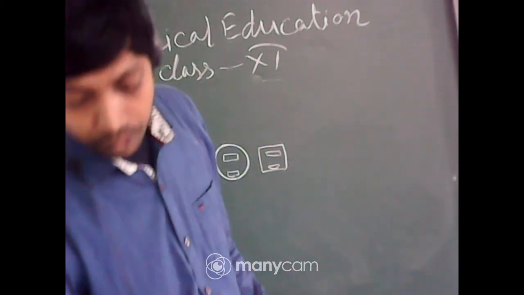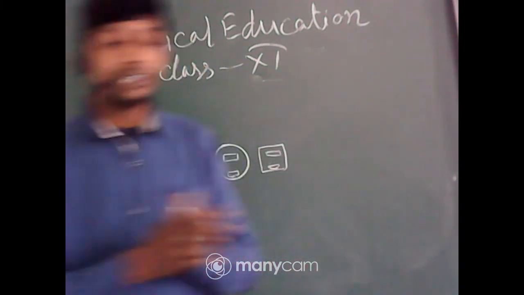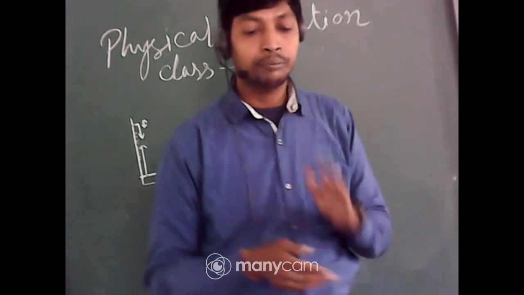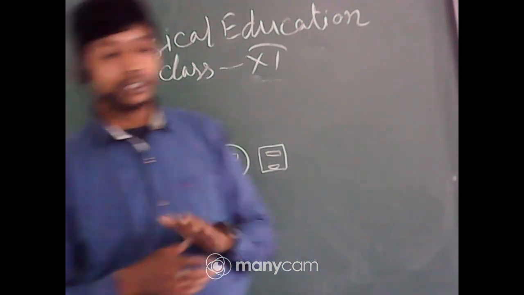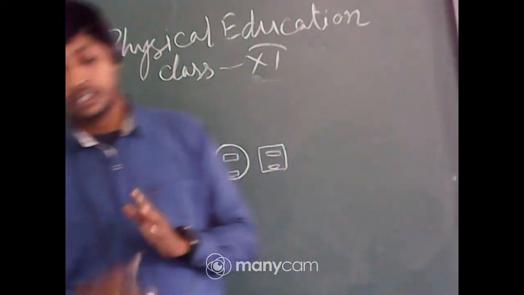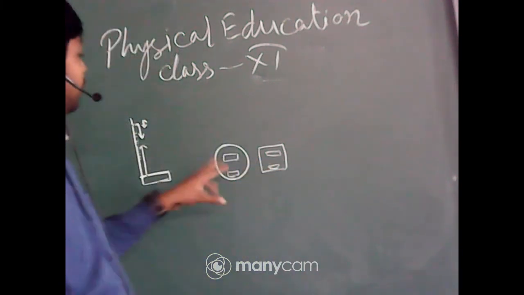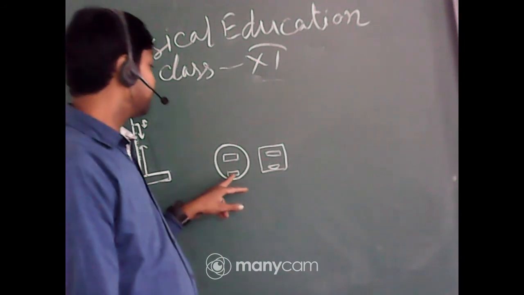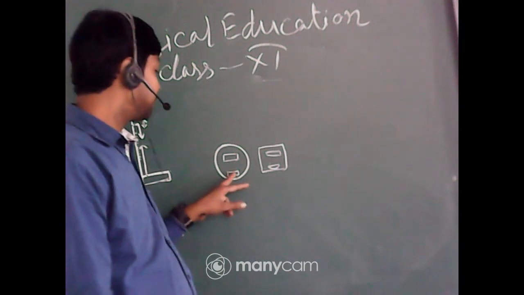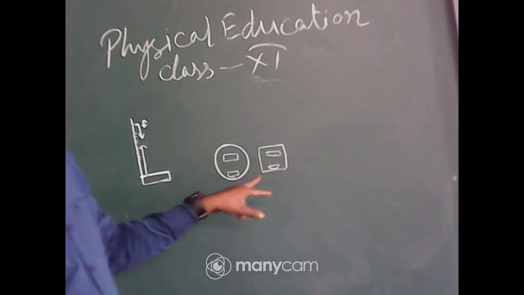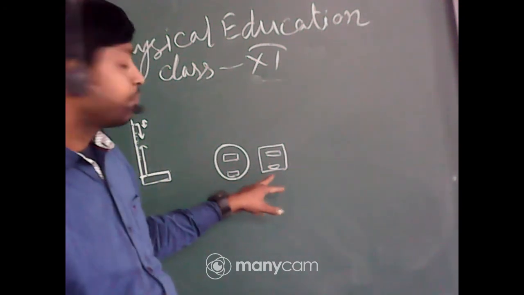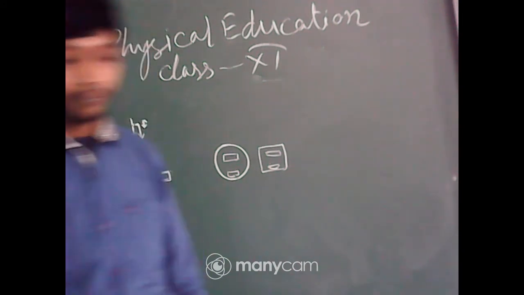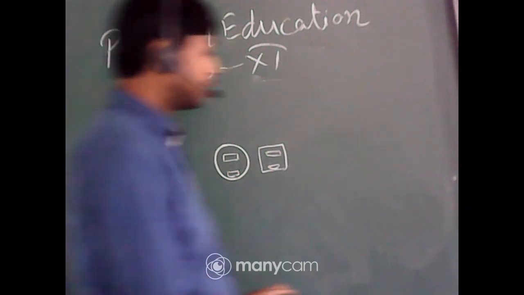Here also the person will stand with bare feet, and for the measurement of weight, he or she will wear lightweight clothes, then stand at the mark, and when the weight is displayed on the display of the machine, that is the weight of that person. This is weight and height measurement.